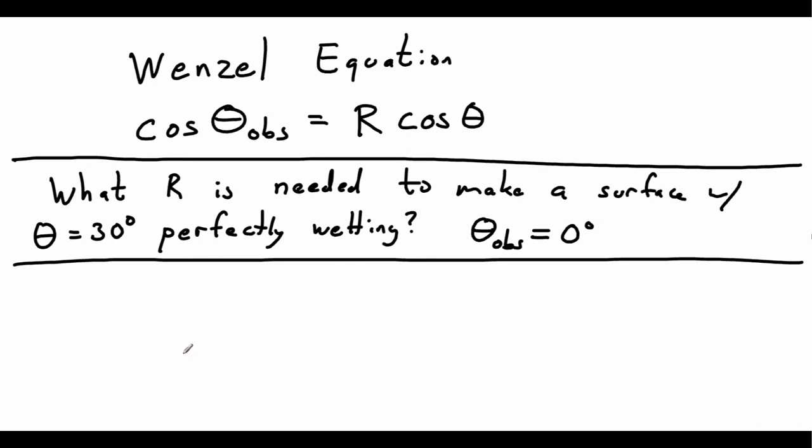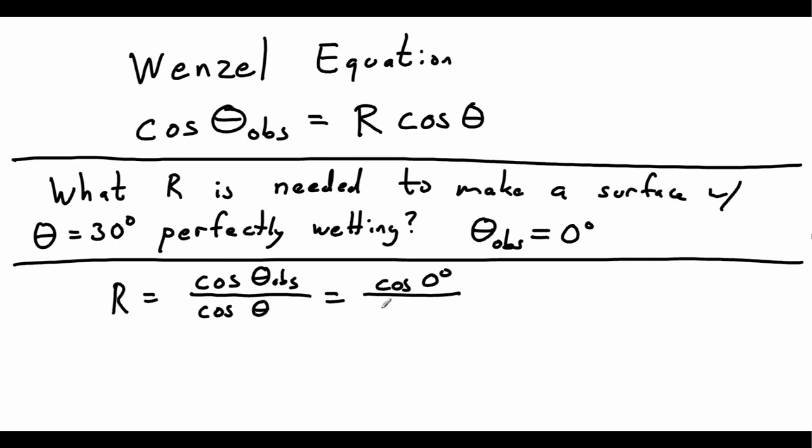So we can solve this for R. So R, we can see, is going to be the cosine of theta observed divided by the cosine of theta. So in our case, this is the cosine of 0 degrees all over the cosine of 30 degrees. And we plug those numbers in, we can see this comes to 1.15.